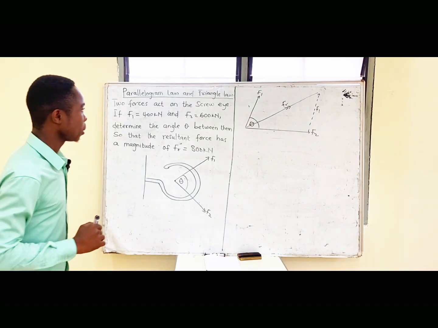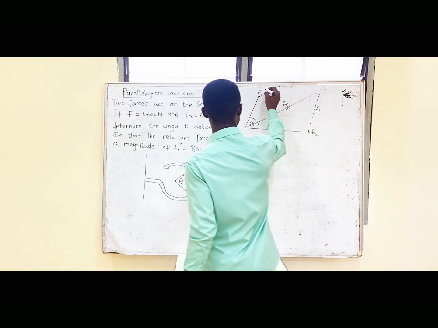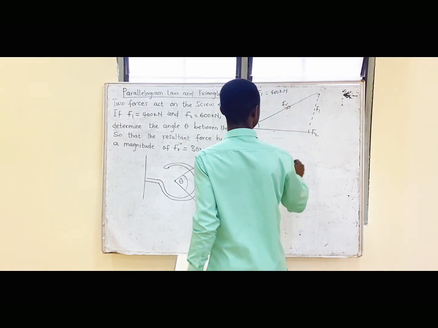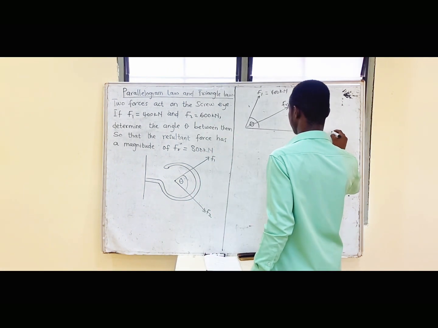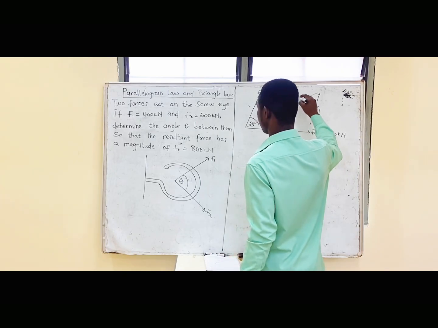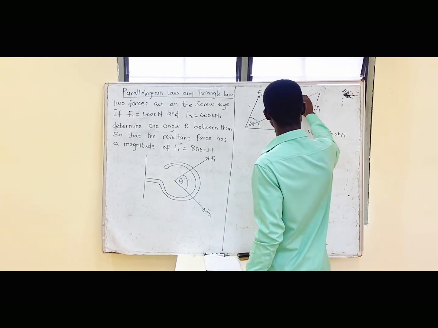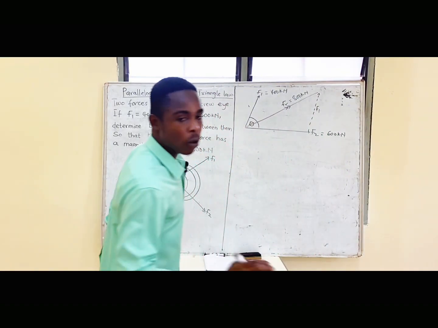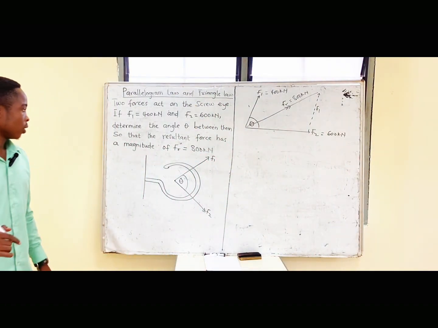Very good. Now F1 was given to be 400 kilonewton, F2 was given to be 600 kilonewton, and our FR was given to be 800 kilonewton. Now, what does the cosine rule state?